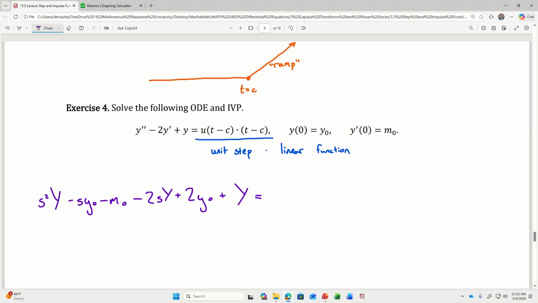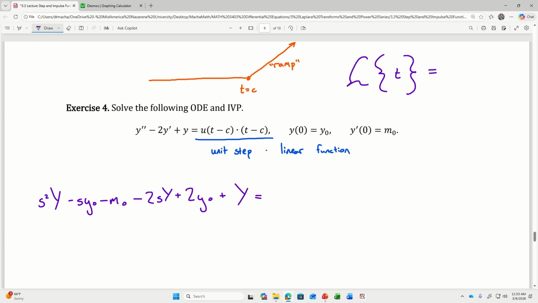If I just had the Laplace transform of the boring linear function t, what would that be? The Laplace transform of a constant is k over s.